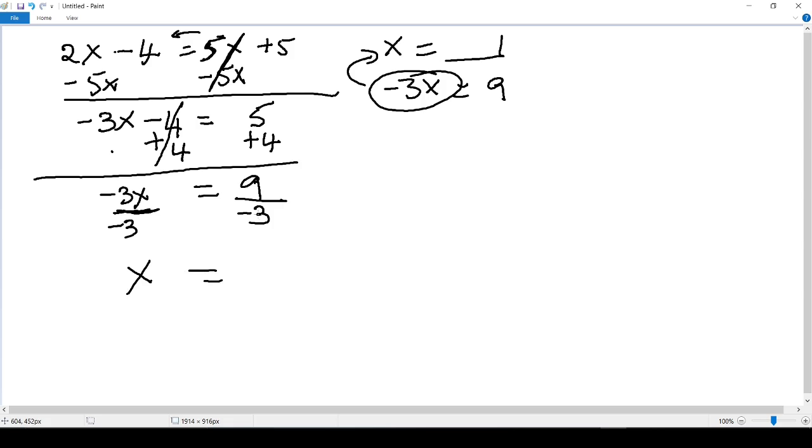And 9 divided by -3 will give me -3. Are we done? Yes. Why? Because we end up having x by itself equal to -3, the value. So we stop there. That's our answer.